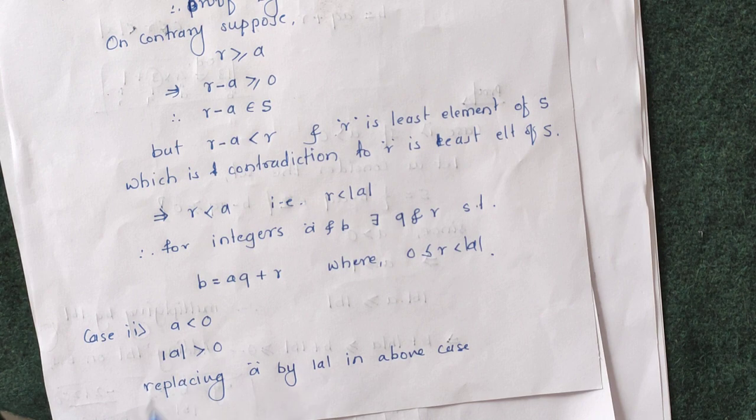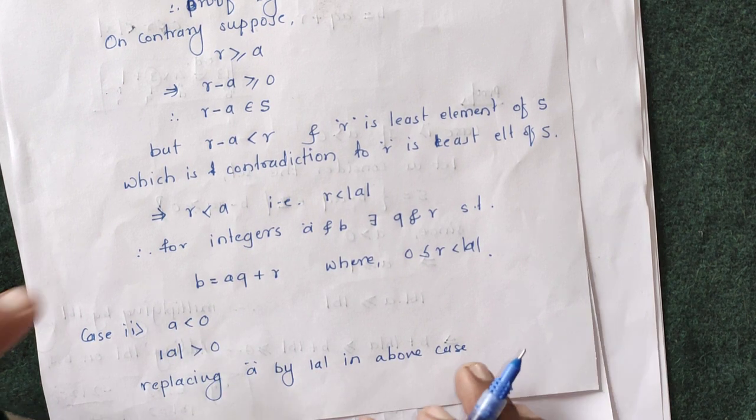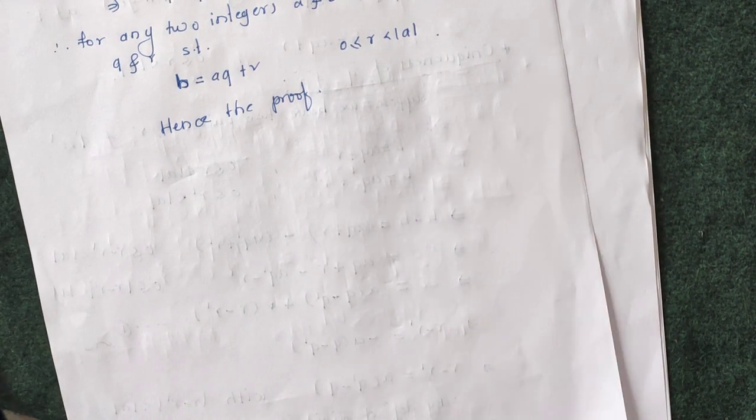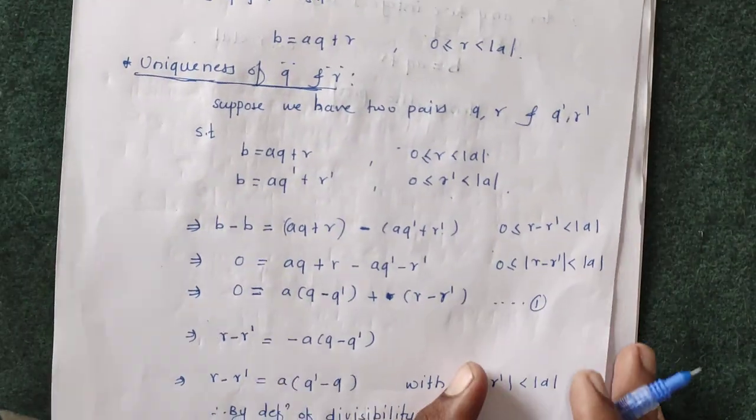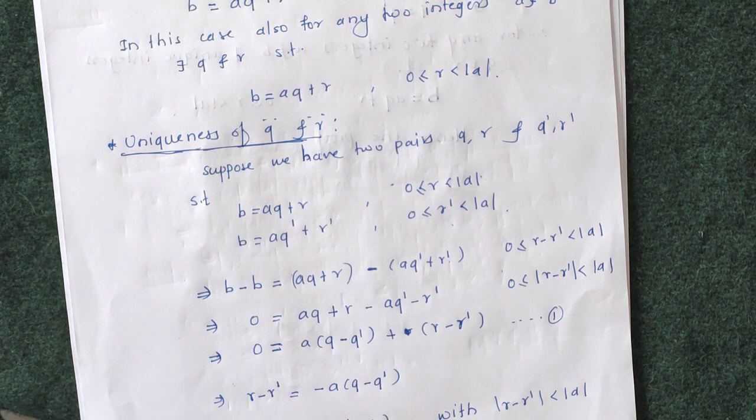So replacing A by mod A as in the first case, we get B is equal to aq plus R with 0 less than or equal to R less than mod A. For the second case our result is proved.